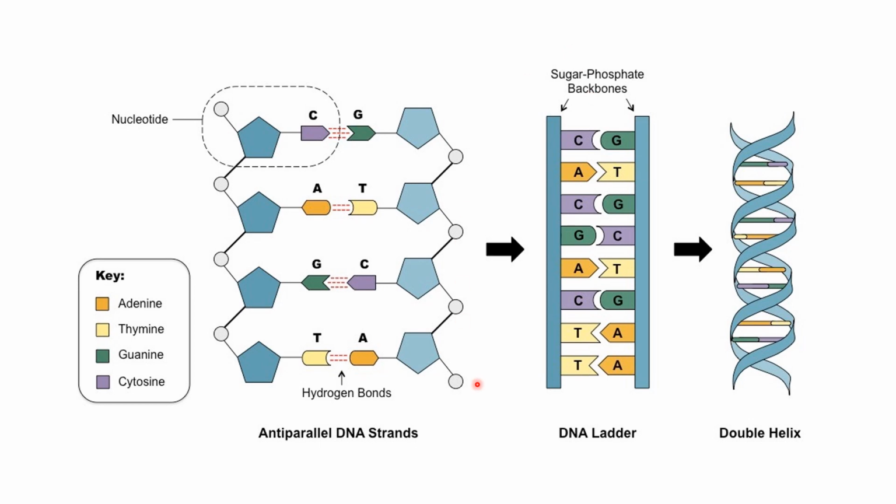So this is the DNA ladder, and as I was explaining before, this is the double helix. Now if we zoom into this DNA ladder, we can see that this small part is a nucleotide, and this is how each nucleotide forms a bond with the next nucleotide.